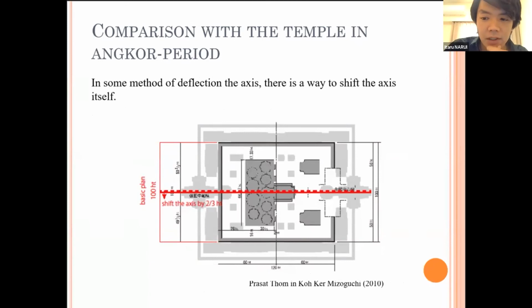And in Prasat Tomb in Koh Ker monuments, the east-west axis shifts to the south by two-thirds hasta. This method of deflection needs to be distinguished from the method just mentioned in Tomanon Temple.